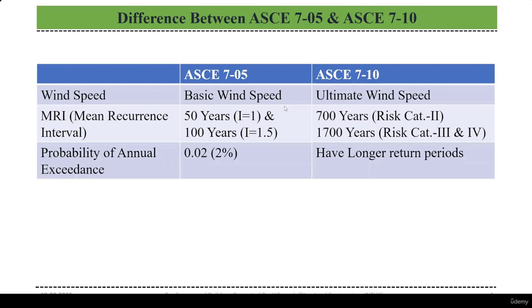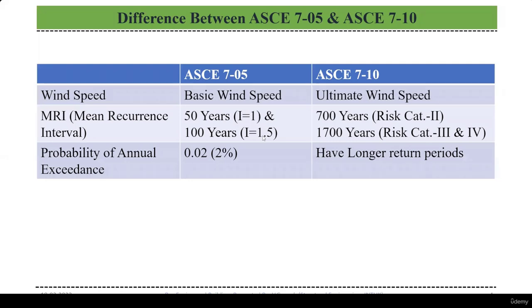Basic wind speed is based on one map which has a return period of generally 50 years if we take importance factor 1, whereas the ultimate wind speed has a return period of minimum 700 years if we use risk category 2 and 1700 years if we use risk category 3 and 4.